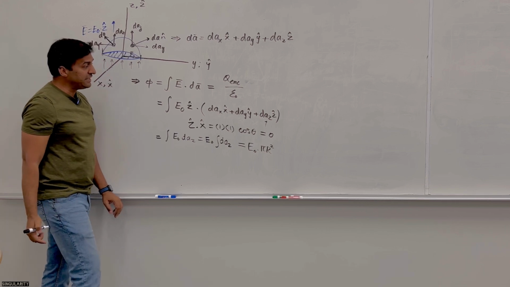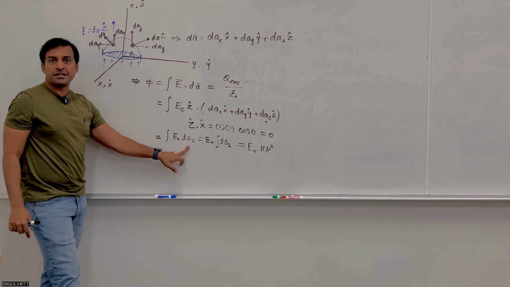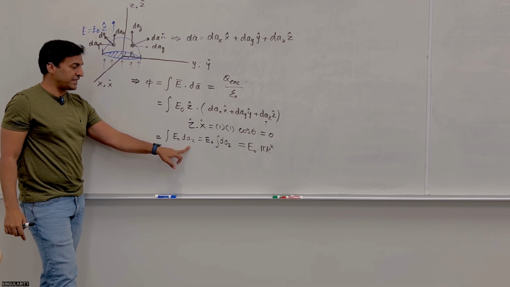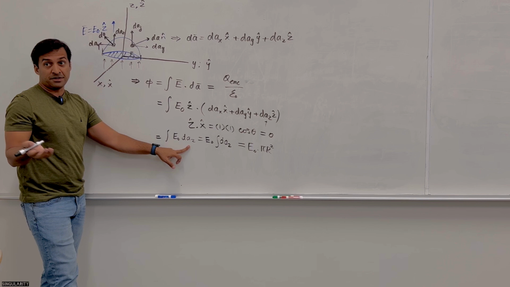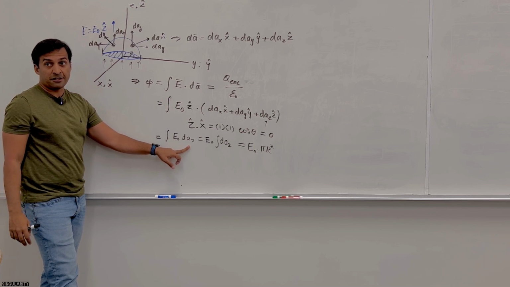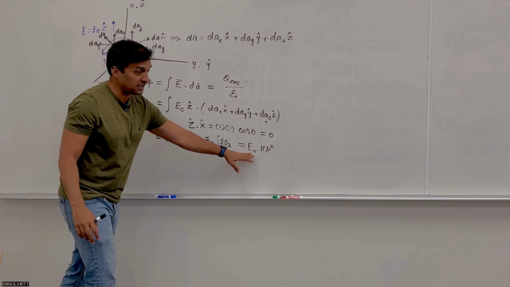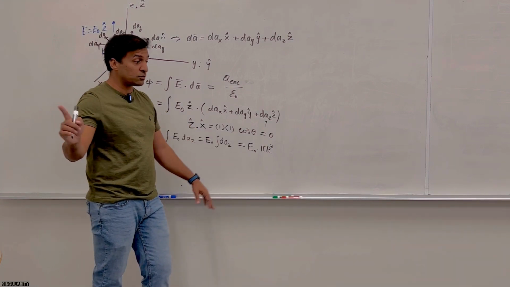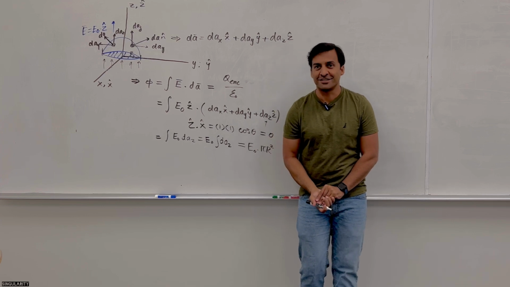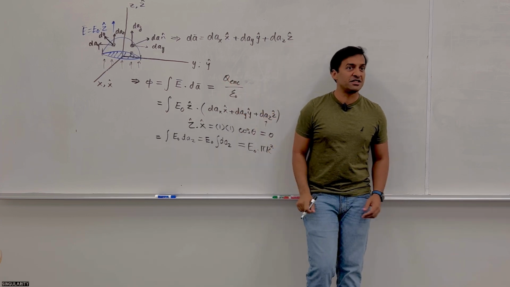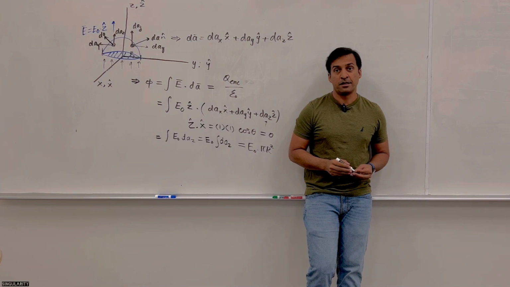You can skip this step and arrive at the total area pointing along the z-axis. Immediately you arrive at your result, E naught into pi r square. That's why I was saying you can just look at the statement and write down the answer. But I want you to think about how you actually make sense of that answer.